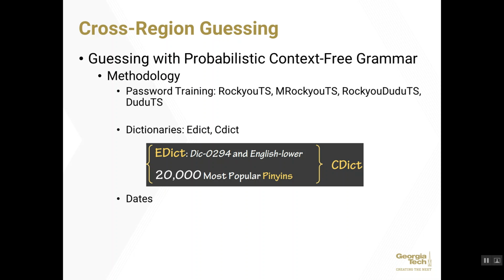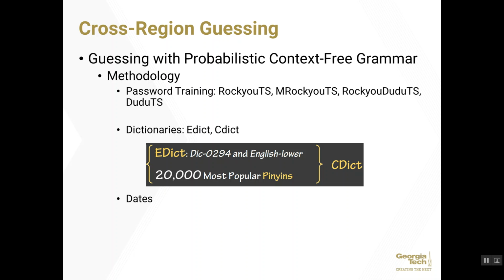Training sets and dictionaries are the two things we need. This paper selected 4 training sets from 1 Chinese dataset, Dudu, and 1 English dataset, ROCU. Passwords in ROCU TS and Dudu TS are 2 million passwords randomly selected from ROCU and Dudu respectively.